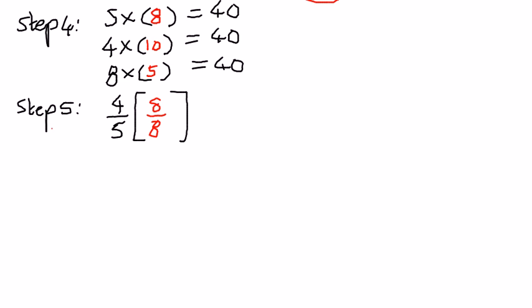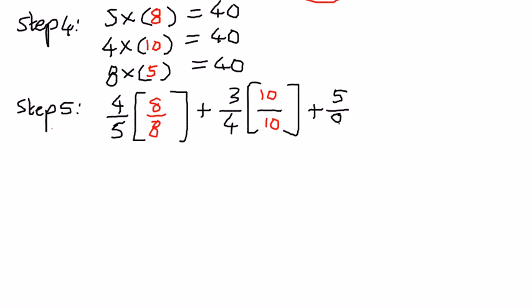And we're going to take the second fraction, 3 over 4, and if we multiply and divide by 10, we're going to make the denominator equal to 40. And the third fraction we have is 5 over 8, and if we multiply and divide this by 5, 5 times 8 is equal to 40.